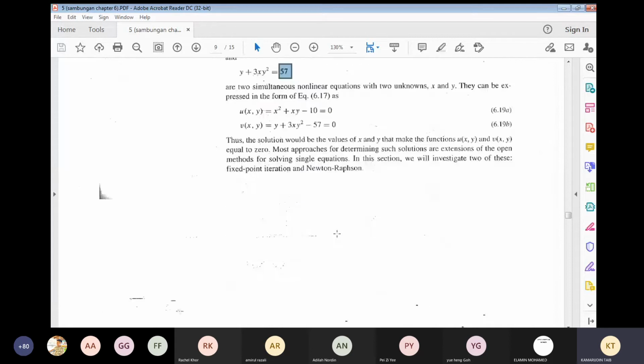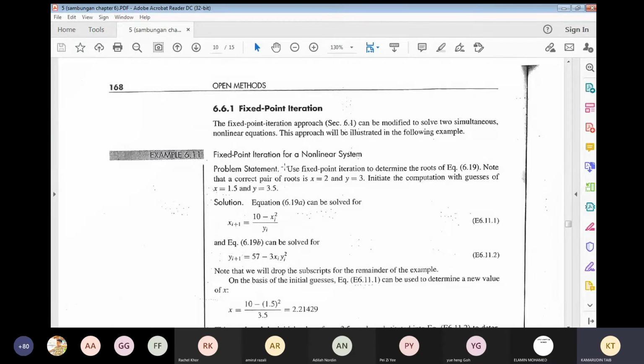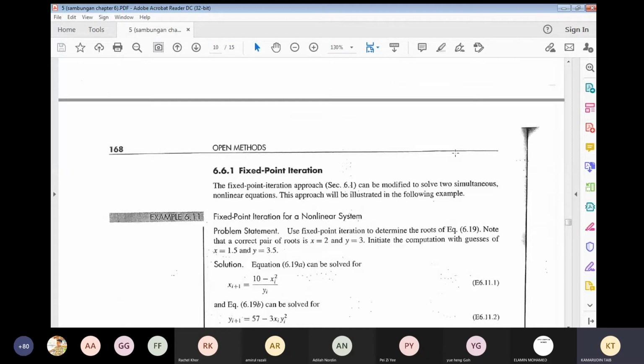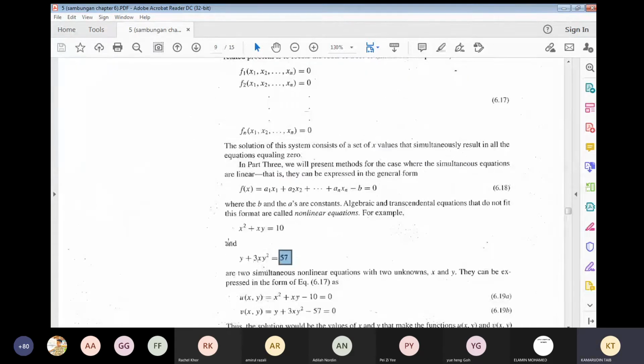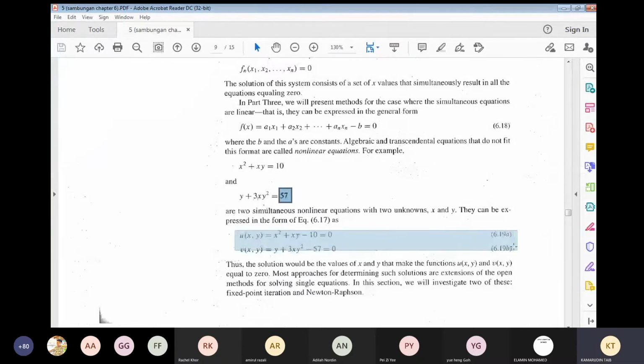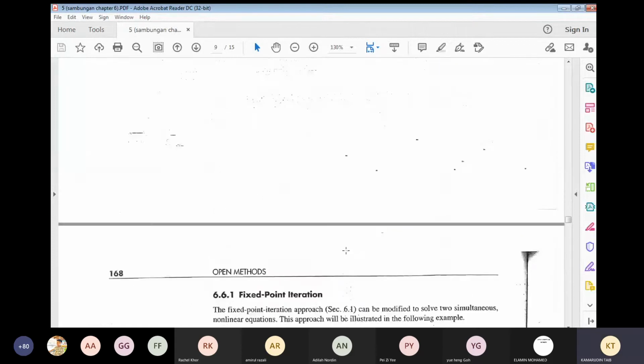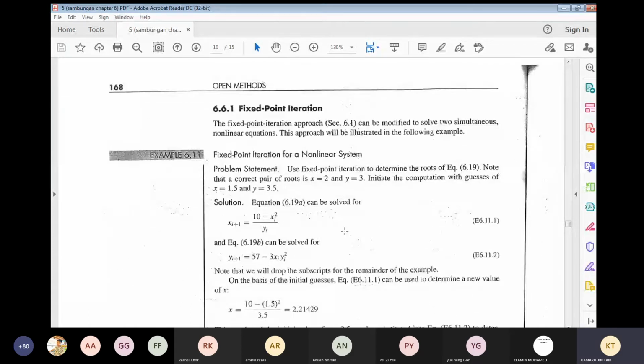The first method that we are going to use is called fixed point iteration. The fixed point iteration approach can be modified to solve two simultaneous nonlinear equations. This approach is illustrated in the following example. Use fixed point iteration to find the roots of equations 6.19a and 6.19b.